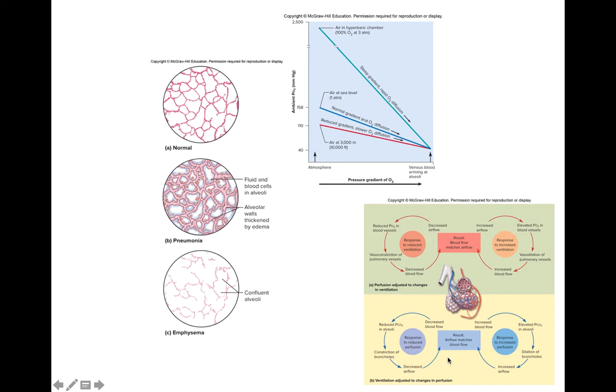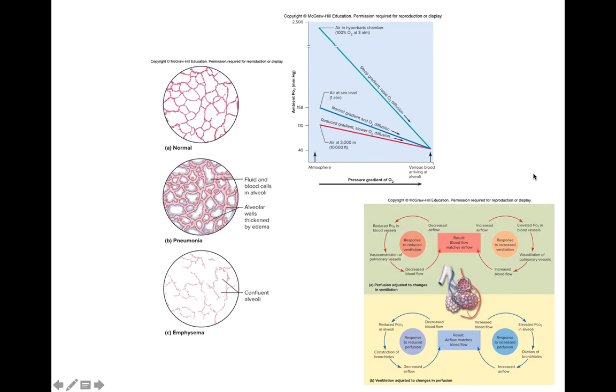The opposite can also occur where we've got a decreased blood flow. So we have a decreased CO2 here, constriction of the bronchioles, decreased airflow, and we are going to match what's happening with the blood. On the flip side, if we increase the blood flow, we're going to dilate the bronchioles and increase the air.